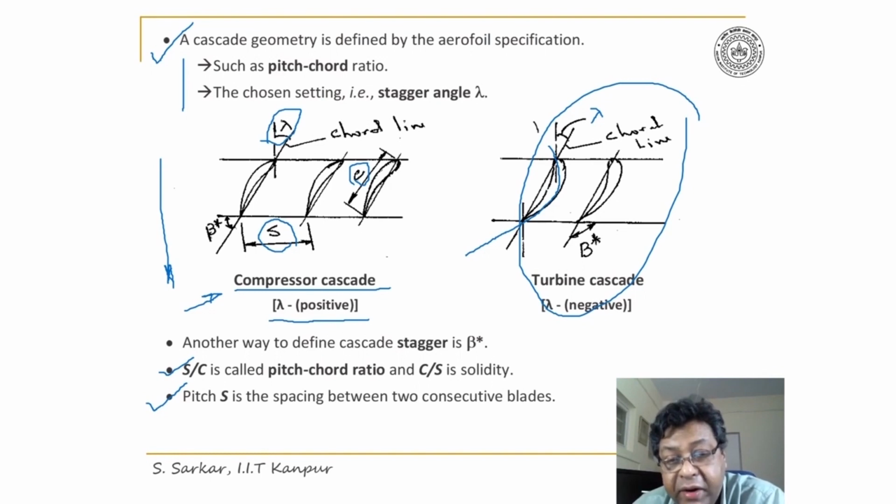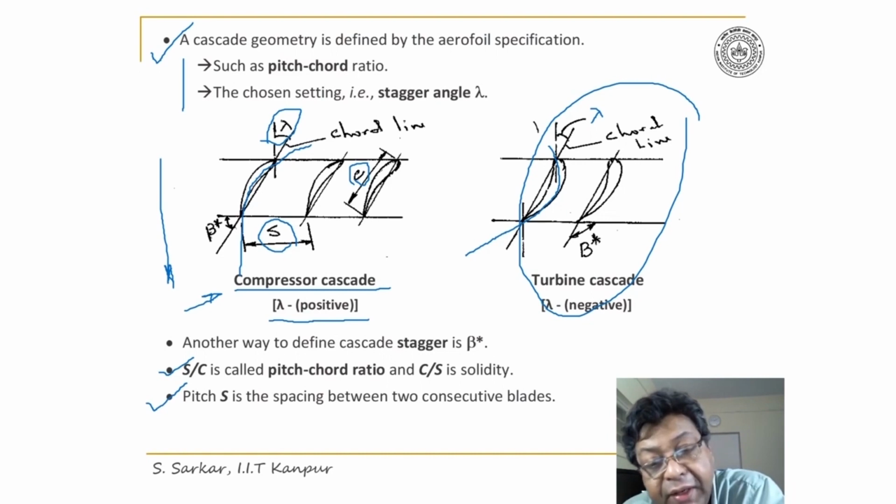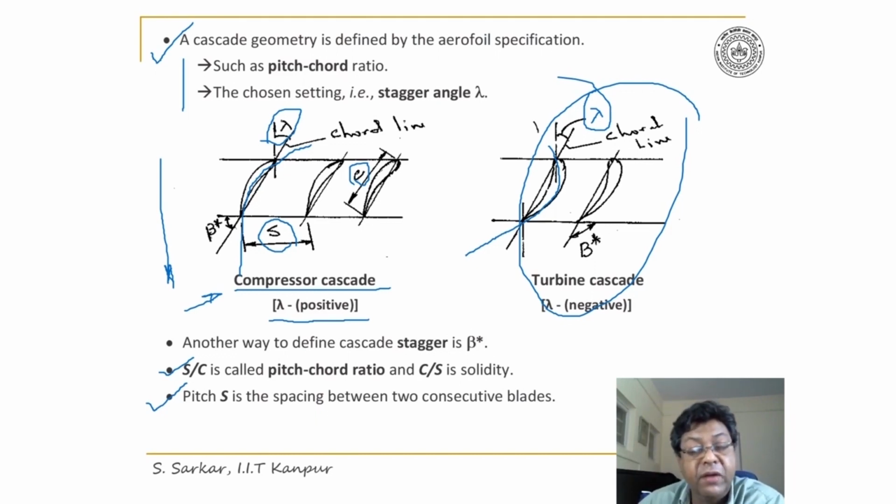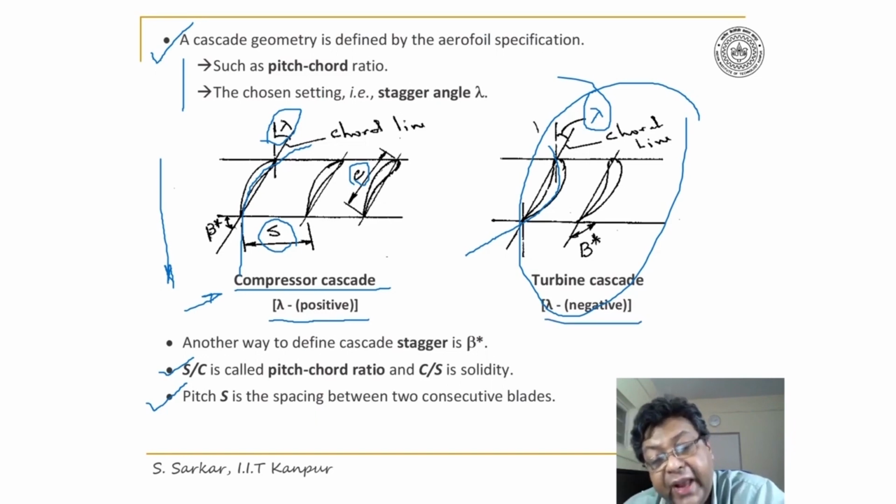If I draw the camber here, which I have drawn now by the blue line, and if you draw the camber for the compressor blade, you will appreciate the difference between the turbine and the compressor cascades, where lambda appears the same, right? Now, to make the turbine blade and the compressor blade orientations opposite, we often define lambda as negative for a turbine blade, turbine cascades, sorry.